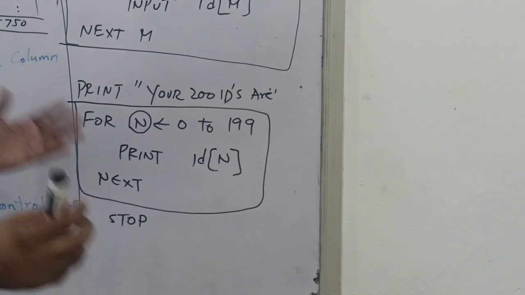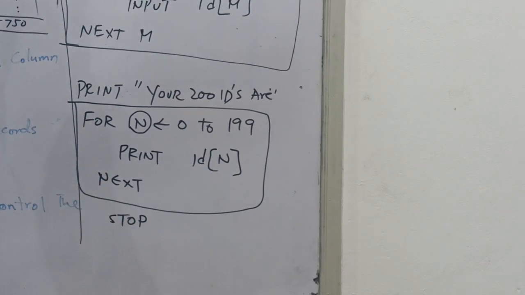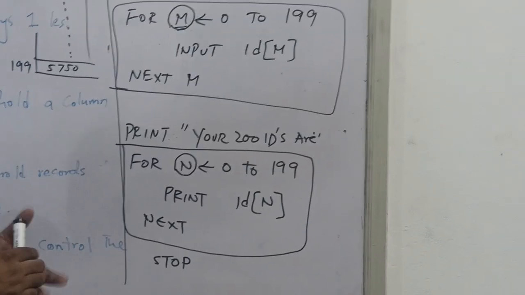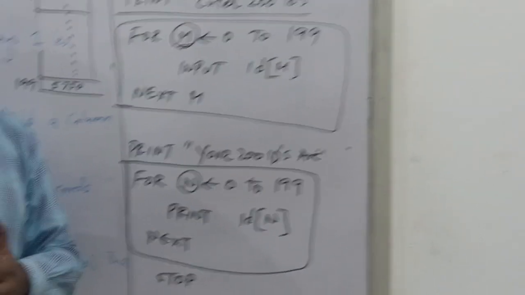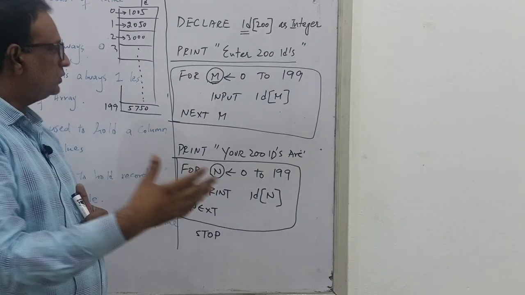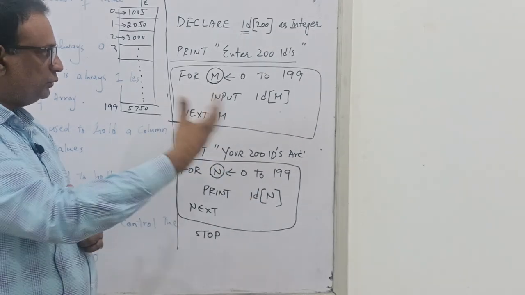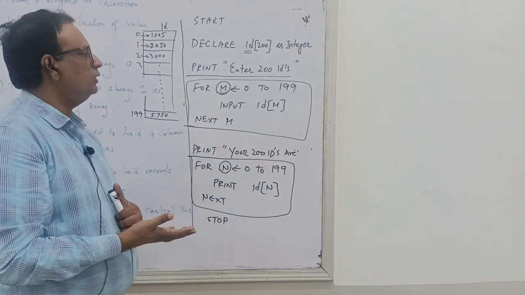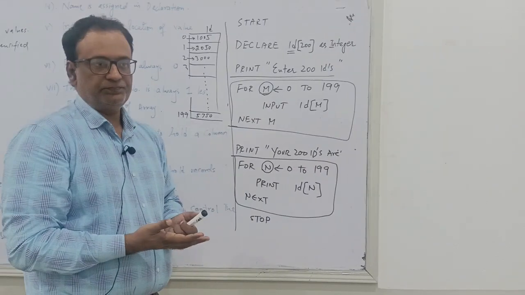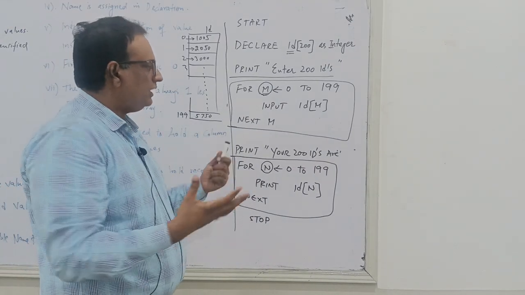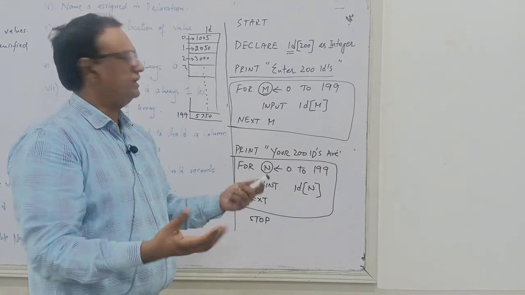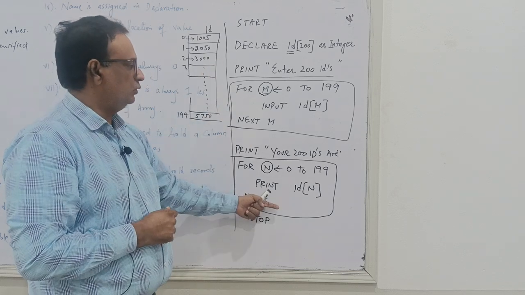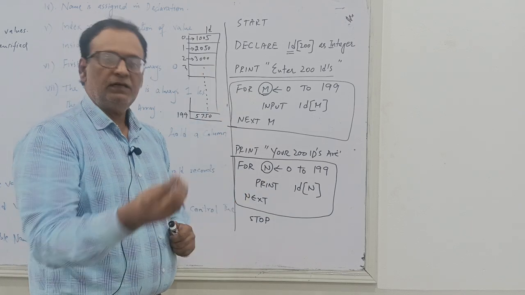So how good it is: 1 2 3 4 5 6 7 8 9 10 and 11. Your code is only 11 lines, but this code collects 200 IDs and it also prints 200 different IDs. 400 lines of action are contained within the 11 lines of the code. This is the beauty of arrays.